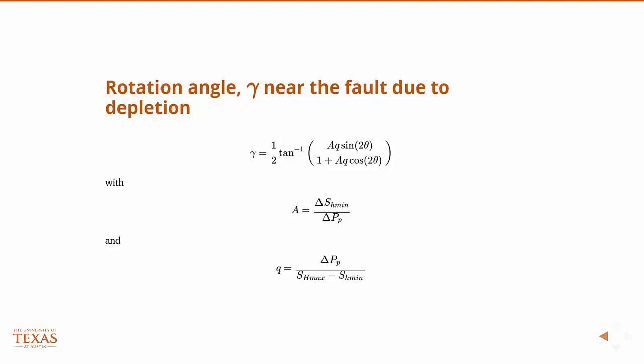So the stress in the x direction will be SH max minus A delta pore pressure. So this is how the stress SH max is going to change with depletion. Minus the component of shear stress in the x direction.